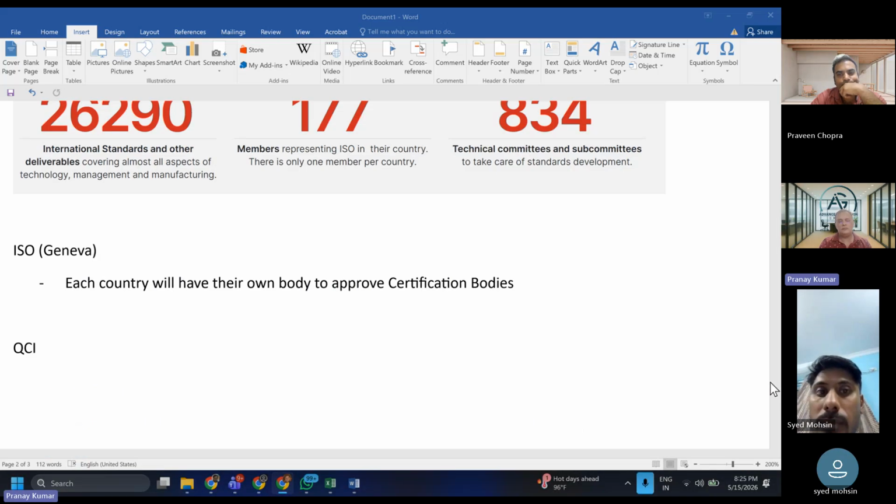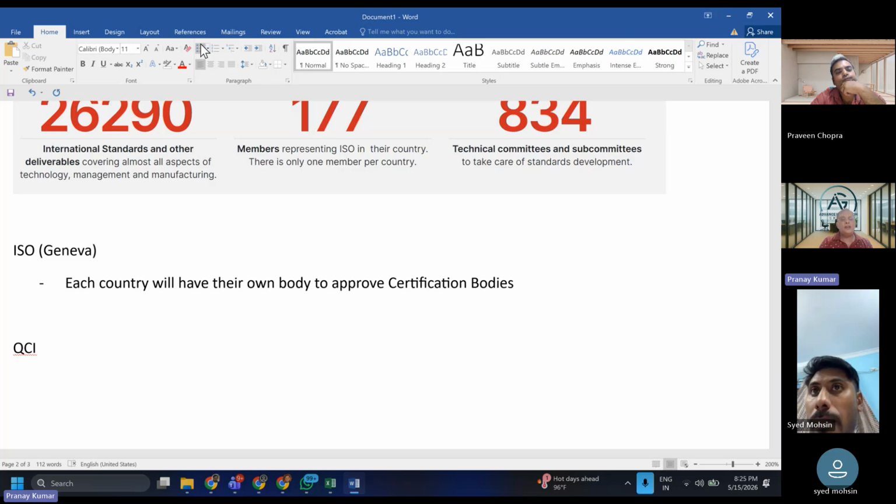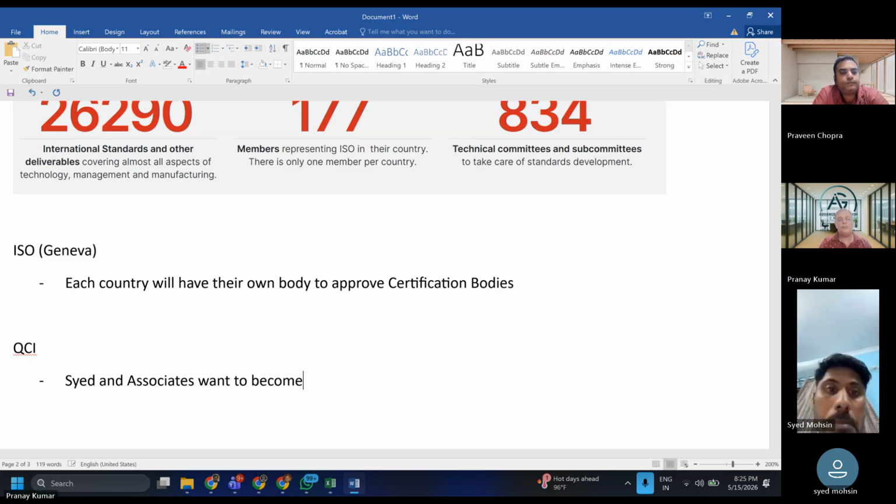So I'm essentially saying there is a body called QCI. Let's say Syed and Associates want to become a certification body like TUV. So what will you have to do?